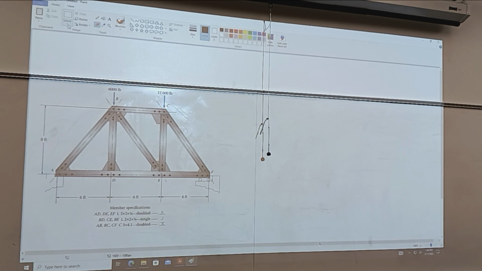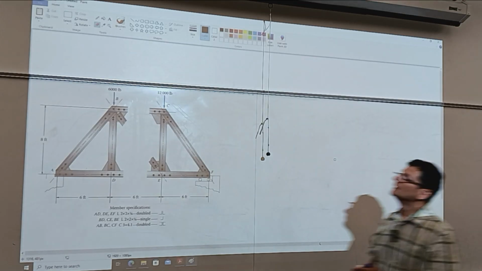So I can take this tool actually and delete this. Again, if it's away from the node, and it's confirmed positive, it means that that link that was removed is in tension. If it's towards the node, the sign ends up being negative, it means that that link is actually in compression.